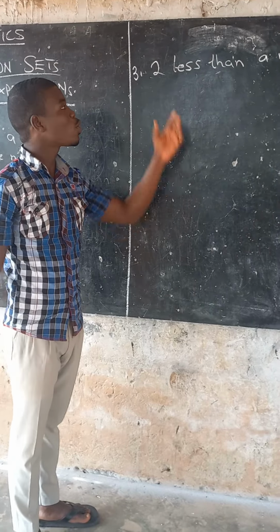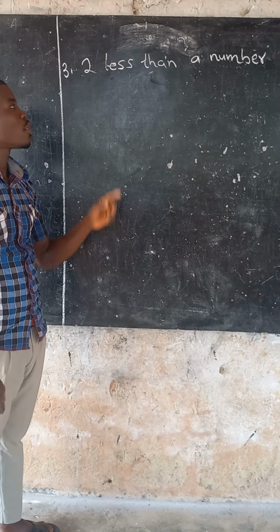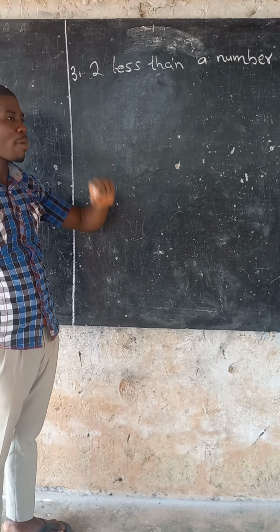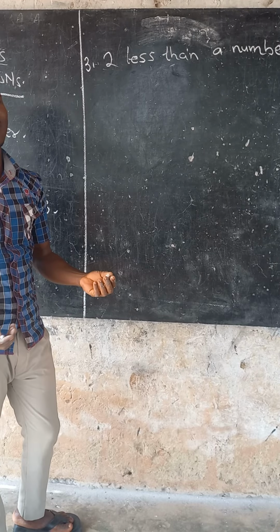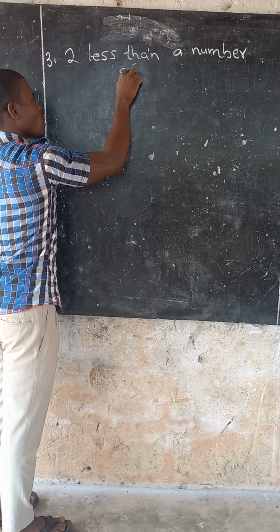Now let's look at this one too. 2 less than a number. This one too, we don't know the number. So let's try and represent something with the number.